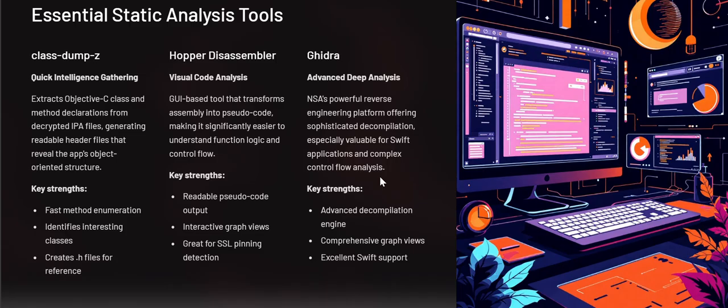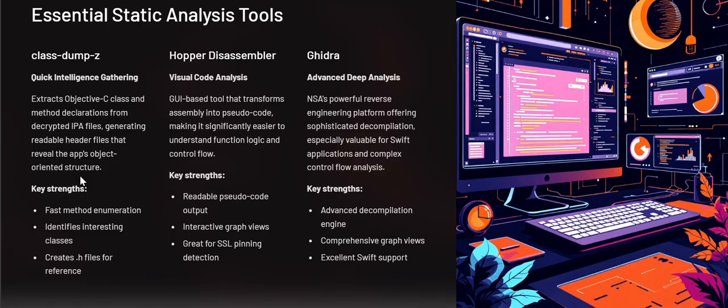For example, if an app has a function like login with email or validate certificate, the class names will show you that. So this tool helps you find where to focus before doing any runtime testing. It is a fast method for enumeration, identifying interesting classes, and creating .h files for reference. These are class-dump's main strengths.